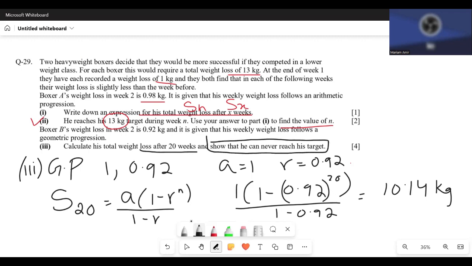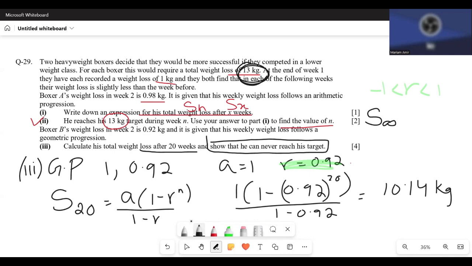And then it says, show that he never reaches his target. What was his target? Losing 13 kg of weight. So how do we show that he never reaches his target? Notice that r is between minus 1 and 1. That means you can find the sum of all the terms of this progression because it is a converging progression. It eventually becomes 0.